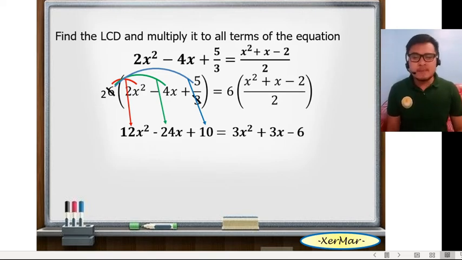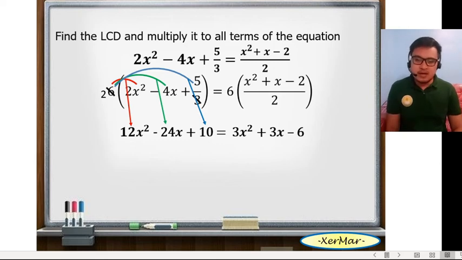So, kung mapapansin ninyo, students, lahat ng terms sa numerator ay may common denominator nila itong 2. No? So, dahil common denominator nilang lahat, itong 2, pwede na tayong mag-cancel out. I-cancel natin itong 6 and 2.